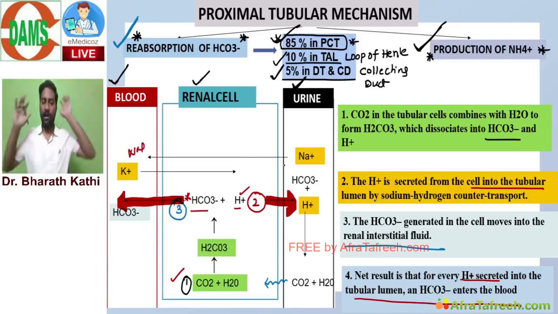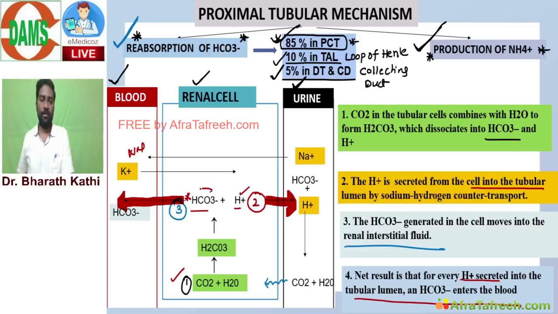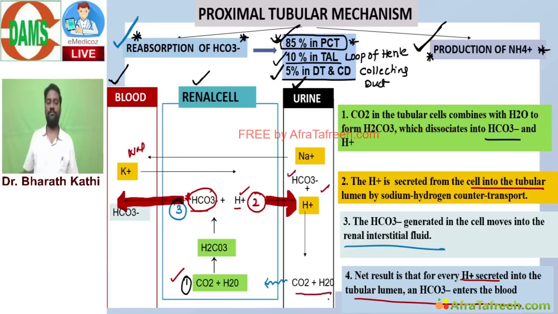But important, let us see how H plus is excreted and how bicarbonate is going into your body. The H plus is secreted into the tubular lumen in the second step, by sodium hydrogen counter transport. Whatever bicarbonate has been generated within the renal cell is going into your blood, and HCO3 in the urine and H plus react, forming CO2 and H2O, where this CO2 can diffuse back into the renal cell when required, and this process can continue.